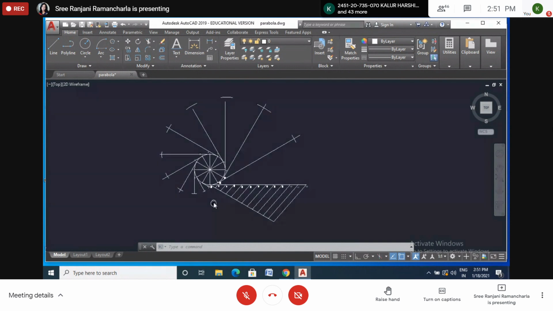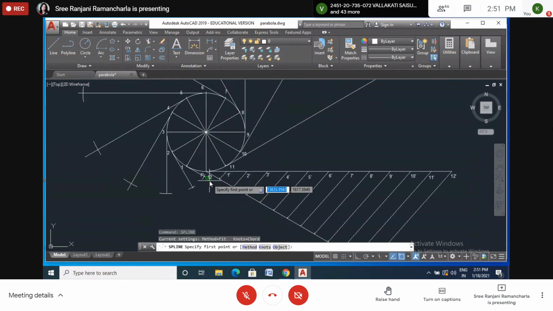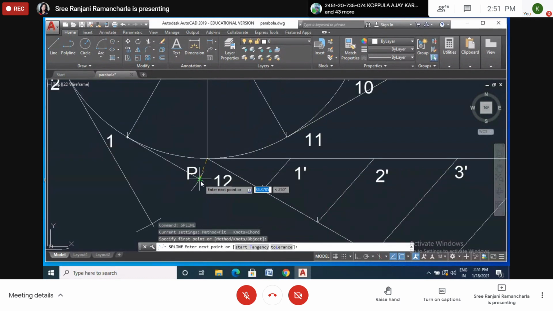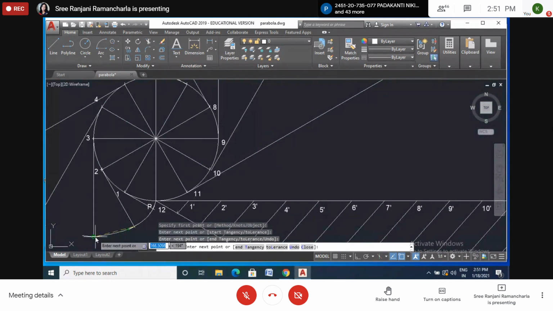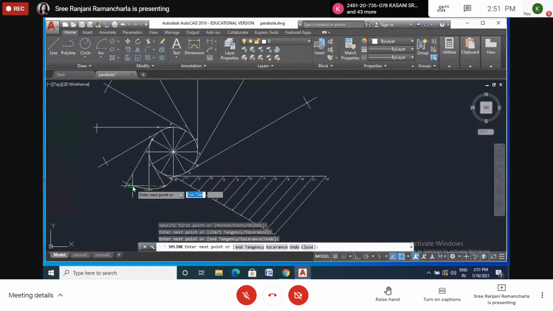Join all the points. Okay, so here I will use SP line. SP line is a free line. So first point is from point P or point 12. The second point is this is P1. Okay, this is P2. This is P3. So here, I will take approximately.